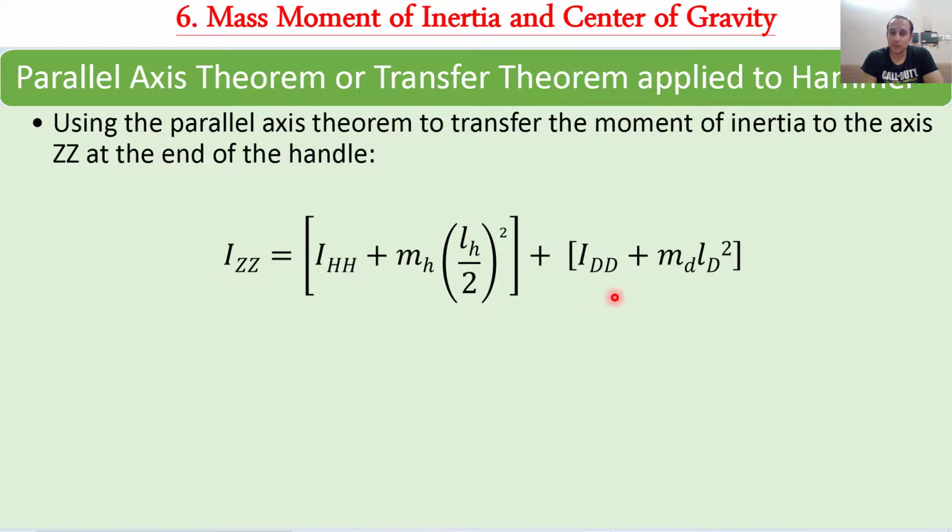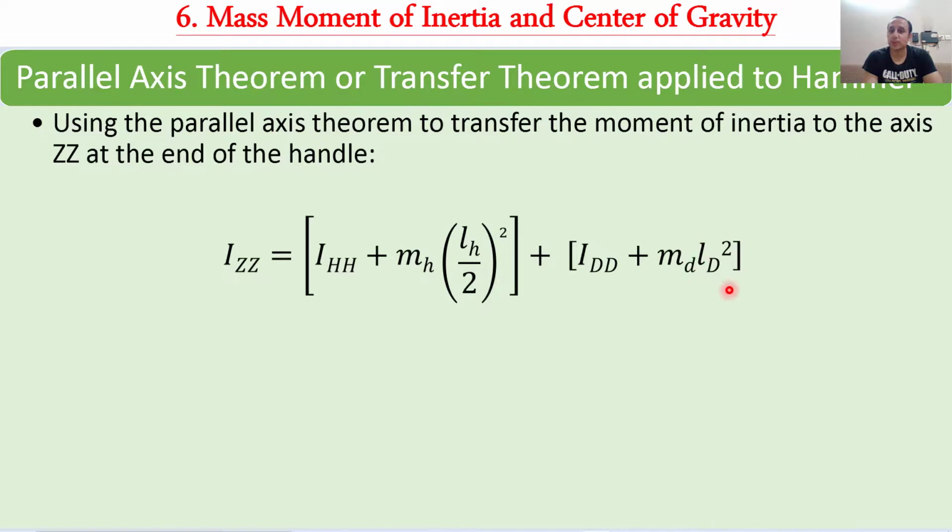In the same way, we have the component of the head, and we need to apply the parallel axis theorem to this part as well. This is IDD, which is the mass moment of inertia of the head with reference to the axis passing through the CG of the head. Then we have another term, which is the product of the mass of the head and the square of the perpendicular distance between the axis passing through the CG of the head and the axis of interest, ZZ. That distance is equal to LD.